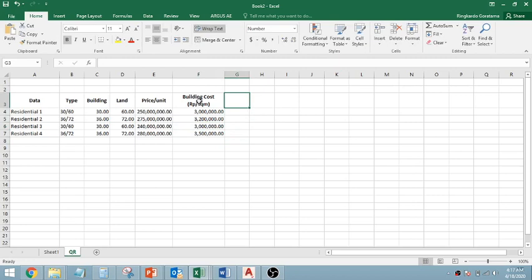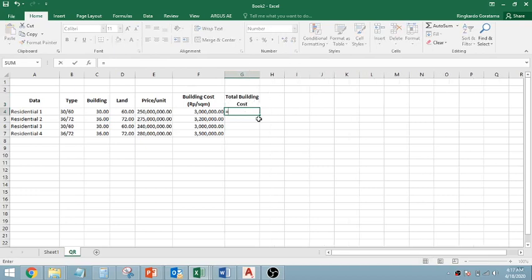After that, we know the total building costs. So just multiply with the building size. So this is the cost.